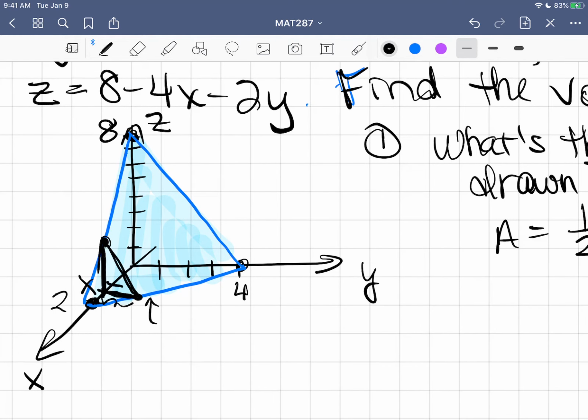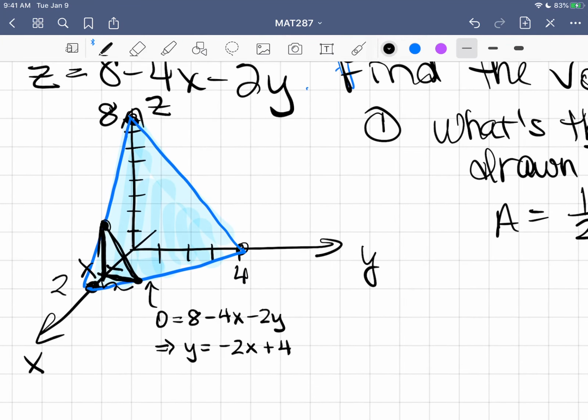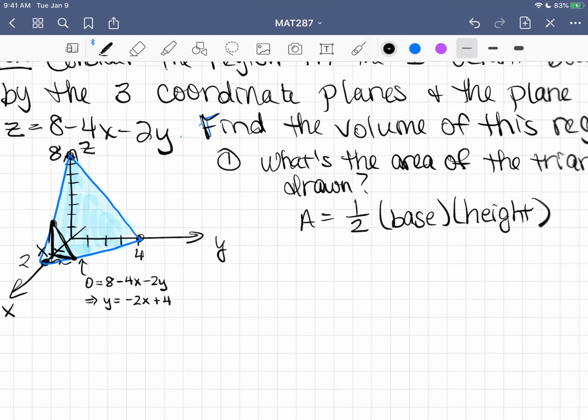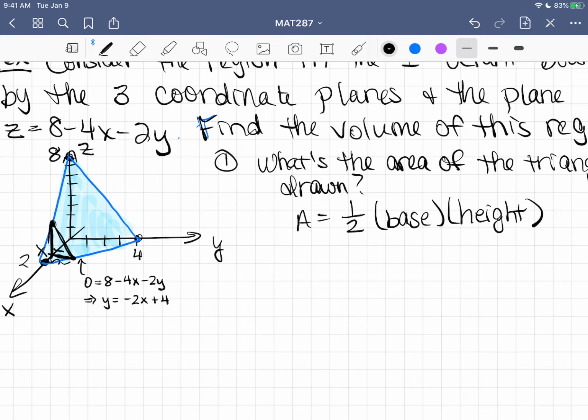So this is the equation: 0 equals 8 minus 4x minus 2y. And so if I rearrange this, y equals negative 2x plus 4. You agree with that? I move the 2y over and then divide through by 2. All right, so the base goes from y equals 0 to y equals negative 2x plus 4.